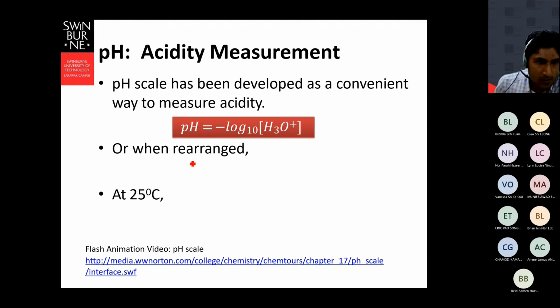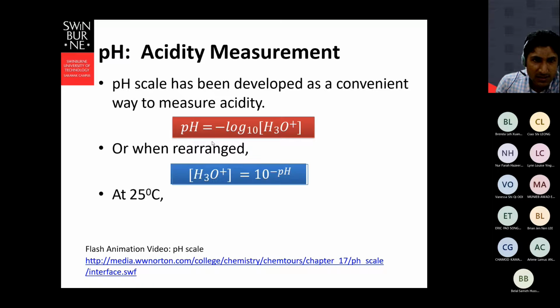All right, and now if we rearrange this equation, we will see that we can find the hydronium ion from the pH. So if we have the concentration of hydronium ion with us, one thing just to be informed is that hydronium ion is the perfect way of writing.